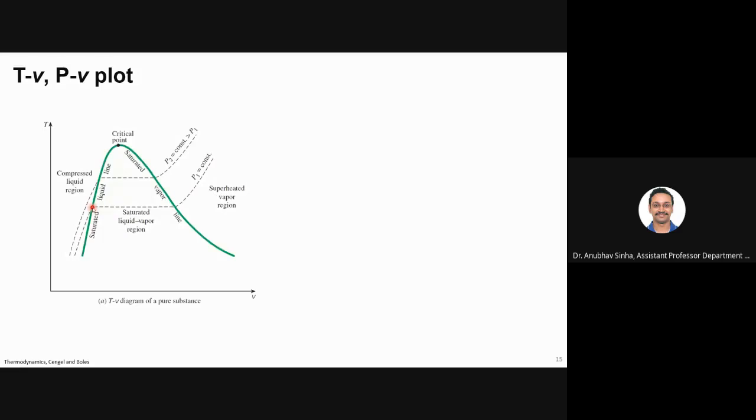It is a saturated liquid, and this is called the saturated liquid line. Once you have saturated liquid, you heat it more, it becomes a liquid plus vapor mixture, and finally it becomes saturated vapor. This is called the saturated vapor line. For different pressures, we have saturated vapor here and saturated liquid here. You see, there are two lines. Once they join, that becomes the critical point. Beyond this, I have the superheated vapor region.